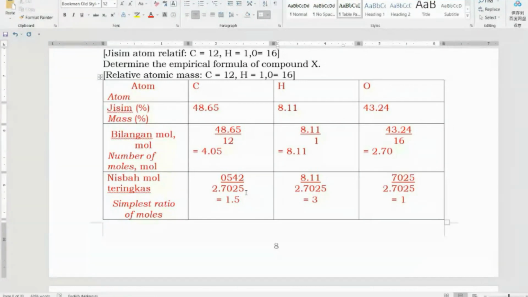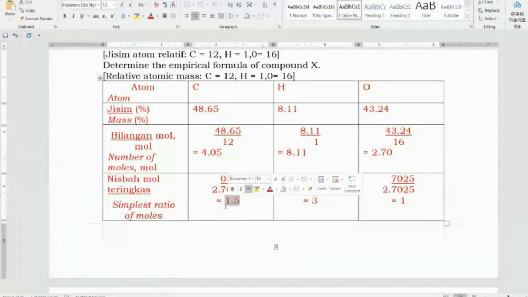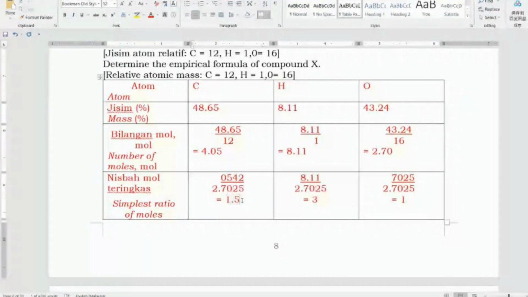Now, class, as I mentioned to you, if this one 1.5, you cannot round to 2. So what should you do? Times 2. Yes, times 2, just as I mentioned to you already.